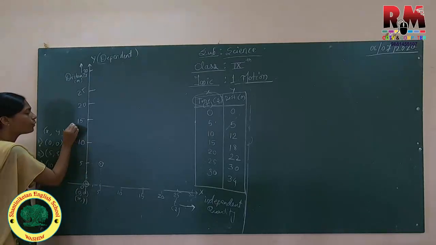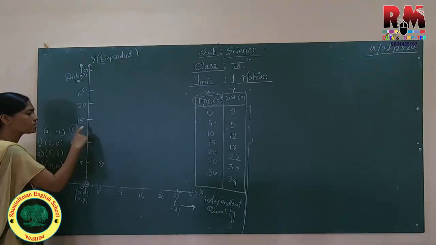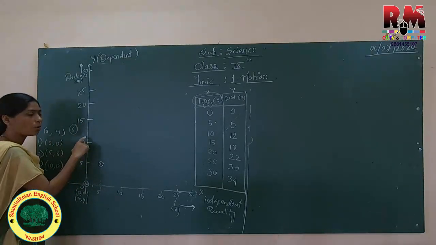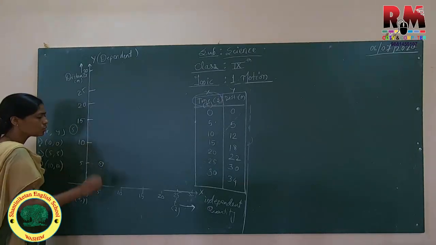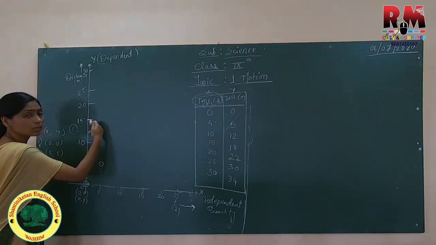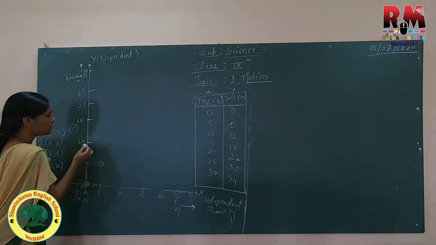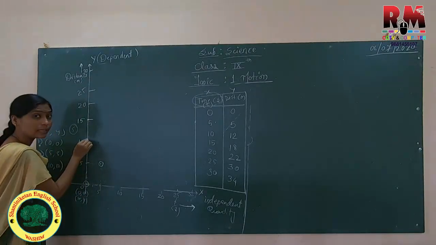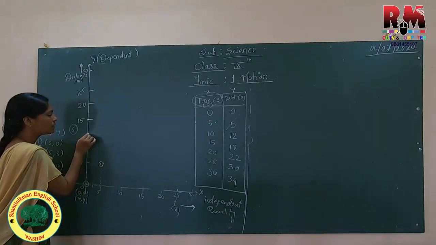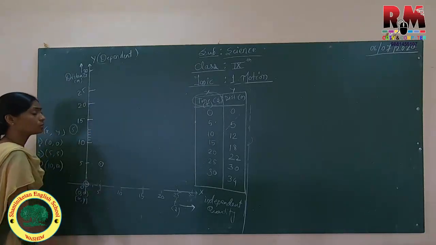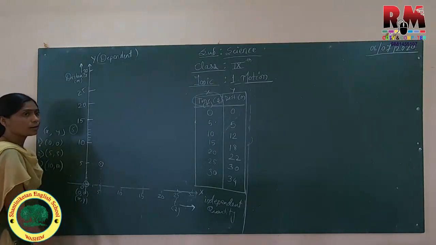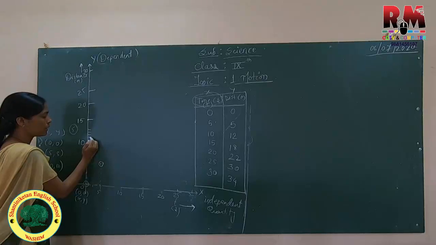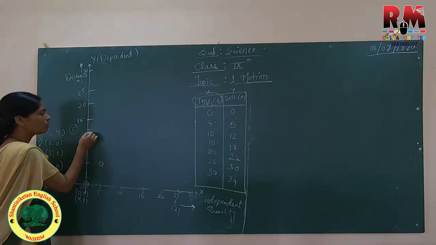So 5 meter makes this one particular box of around 10 lines. So how to check which will be your 12? It's very simple. See, this is 10. You can't take it as 11, 12, 13, 14, 15. So what you have to do? You have to take 2 lines. So this will become 11, 12.